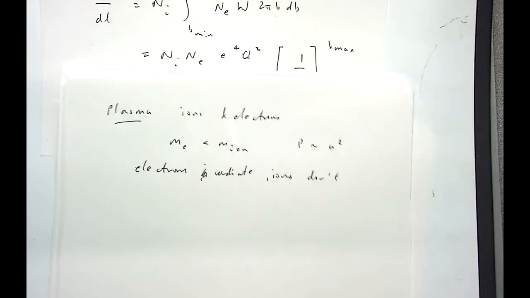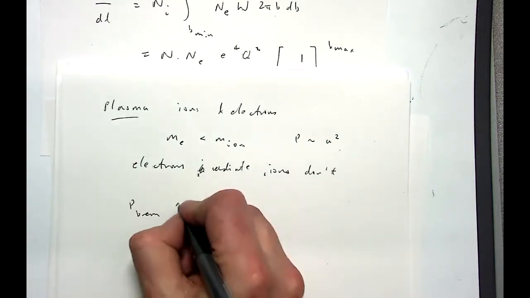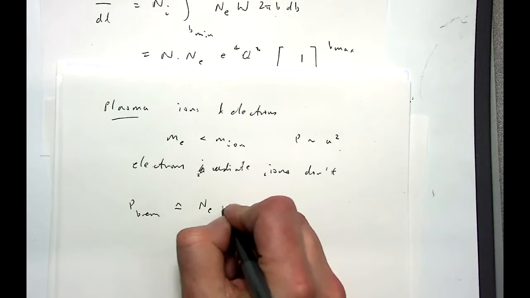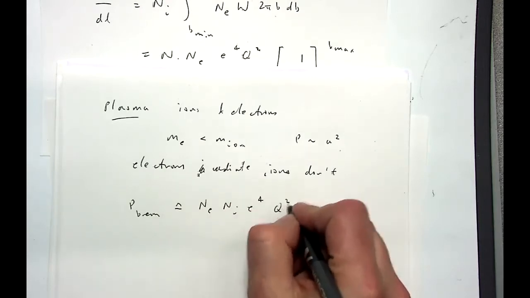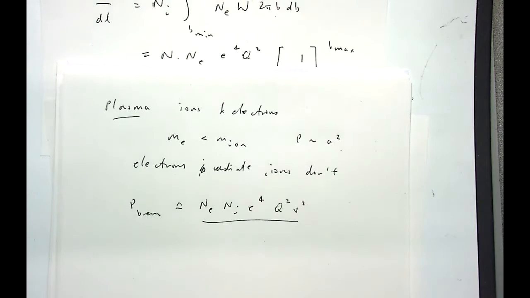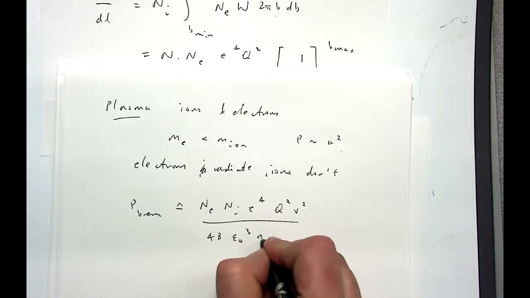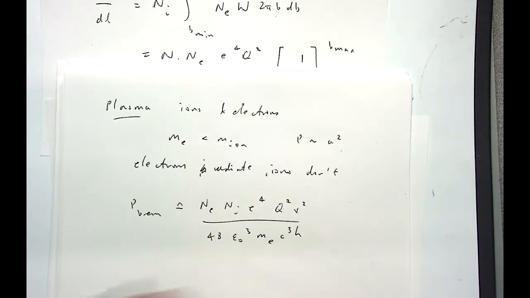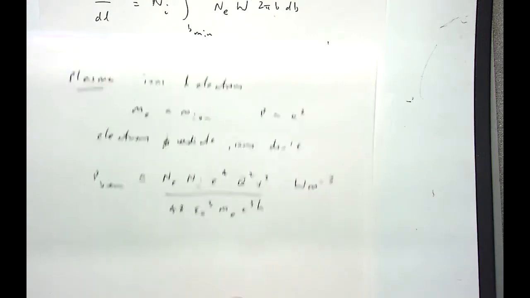And let's calculate that. The Bremsstrahlung power is about equal to n_e n_i, that's an e to the fourth term, q squared. So you can see if I change the plasma, if I change from hydrogen to helium, for example, I'll change q and I'll change the power. There's a lot of factors that appear there, but that's the power in watts per meter cubed.